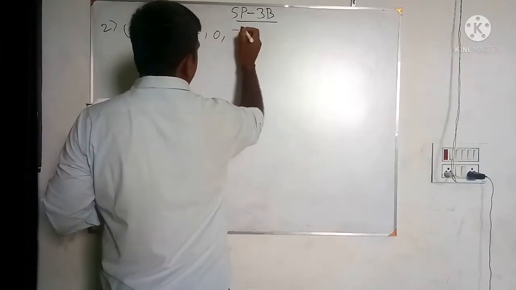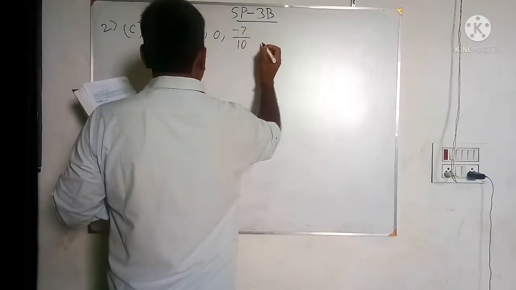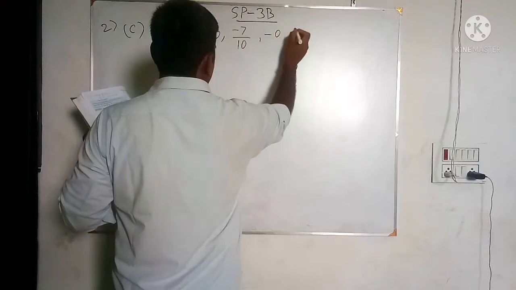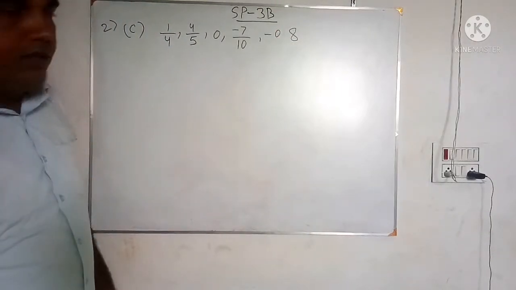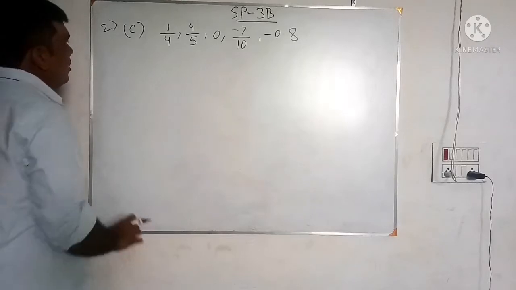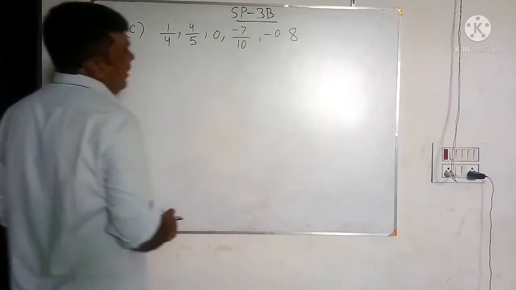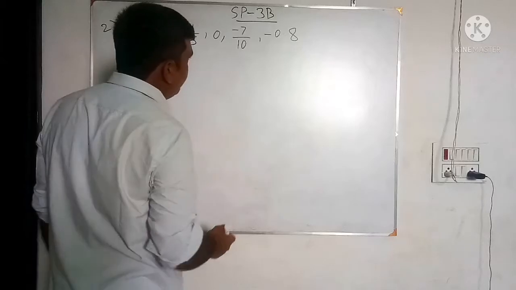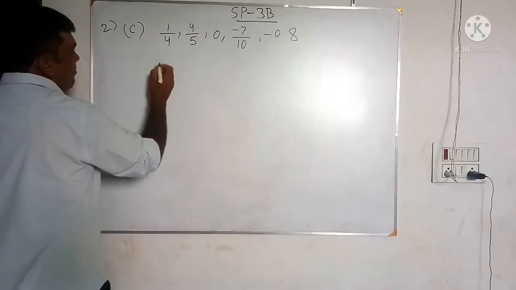Now see, first of all we find the LCM of 4, 5 and 10. And this 0.8 can also be written as 8 by 10.